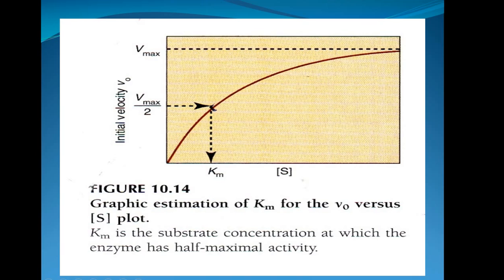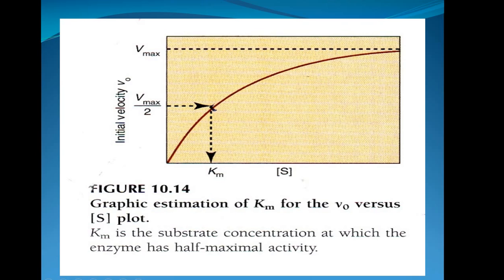Now you can see here, this is zero concentration of the substrate, and as you move towards the right-hand side from the intersection of the graph, the concentration of the substrate is increasing. Let's say here the concentration of substrate is 0, it is 10, 20, 30, 40, 50 and so on.